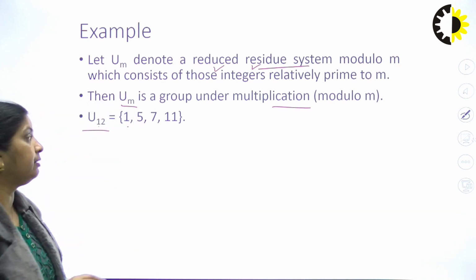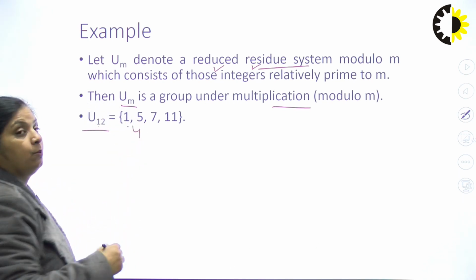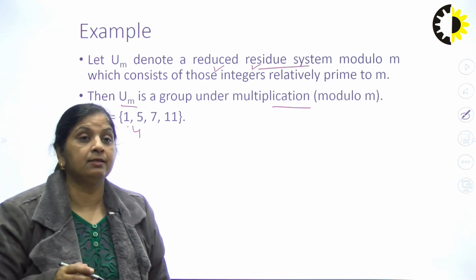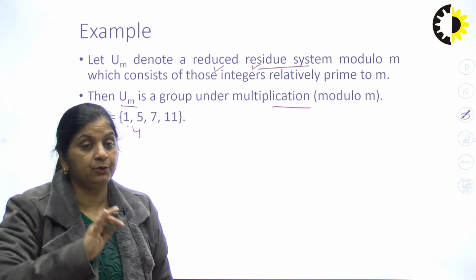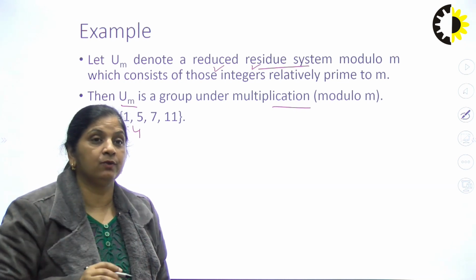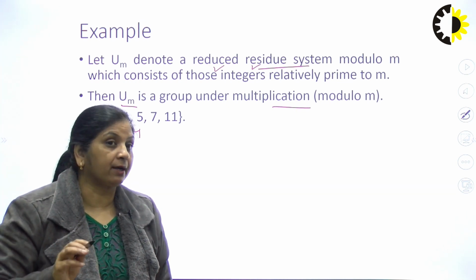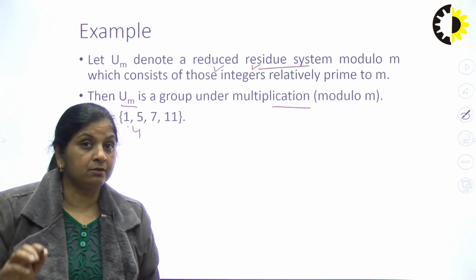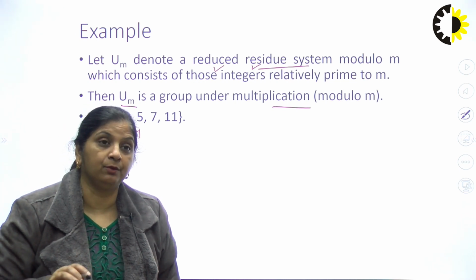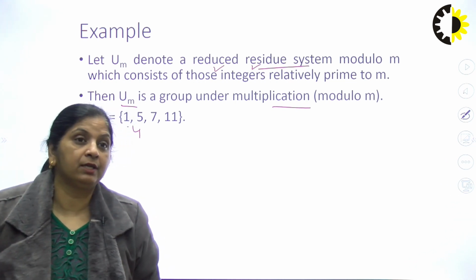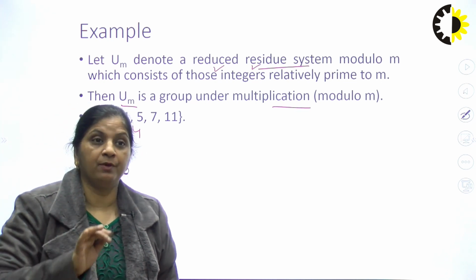We have not taken 4 here. Why not 4? Because 2 divides 4 as well as 12, so these have a common factor 2. In a reduced residue system, we cannot have any common factor.